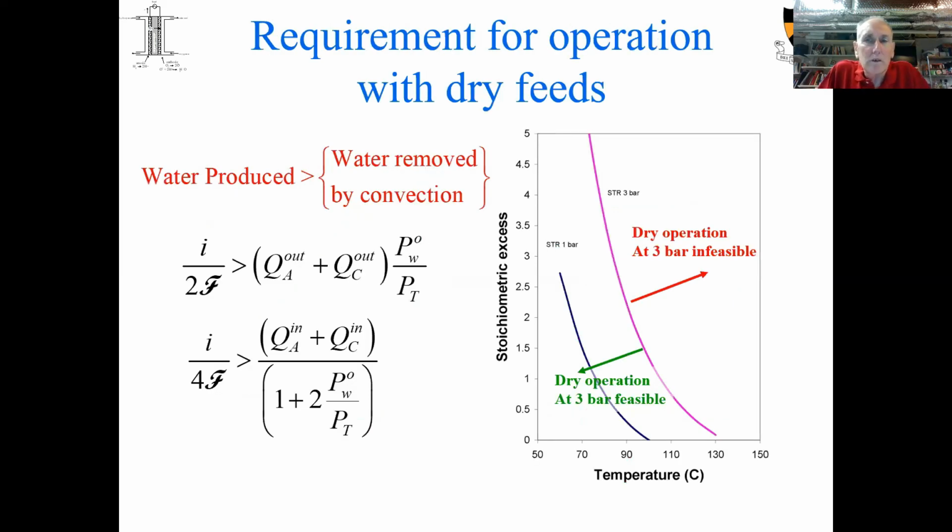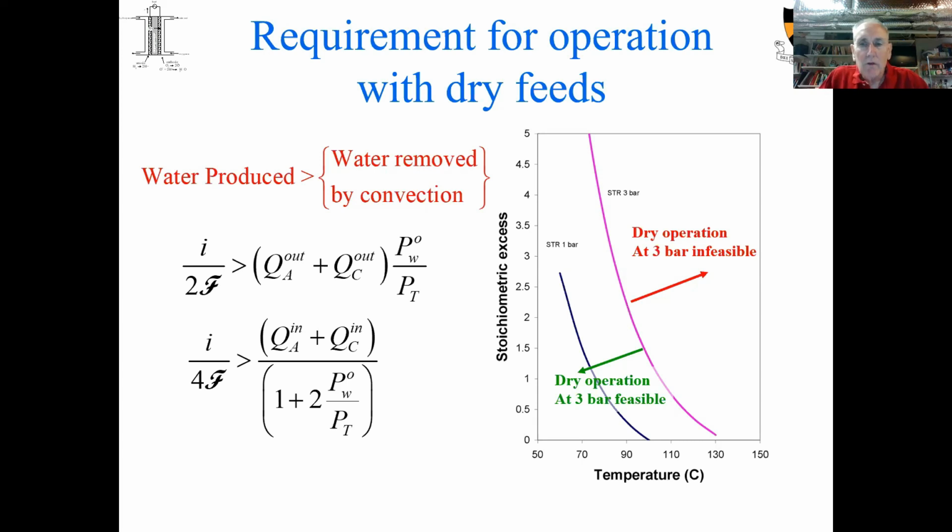Now look at requirements that tell us when we can operate with dry feeds. The critical point to operate with dry feeds is that you need to have water being produced greater than the water removed by convection. The water being removed by convection is the flow rate times the partial pressure of the water.